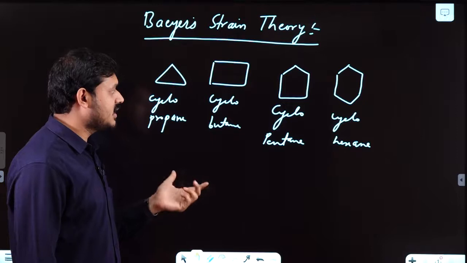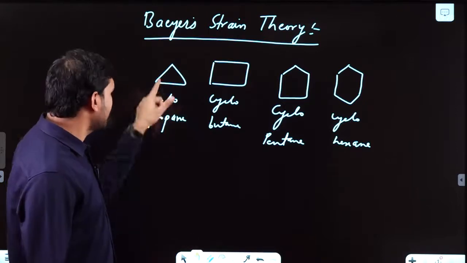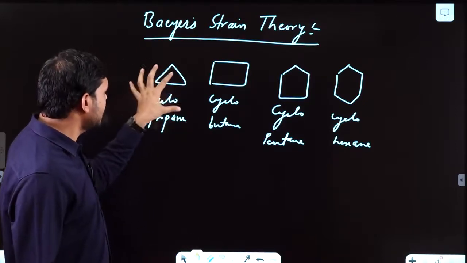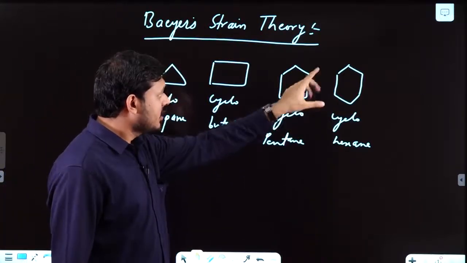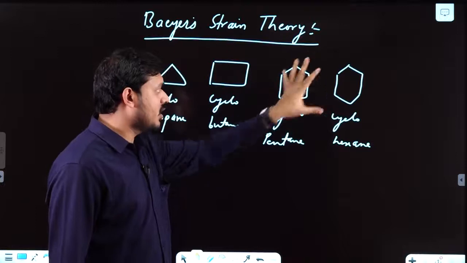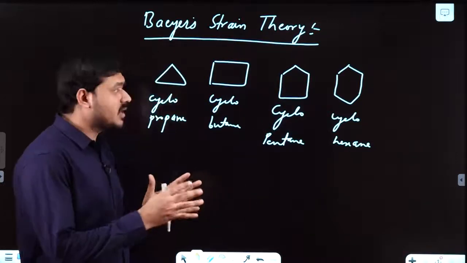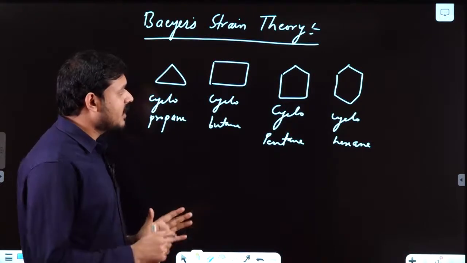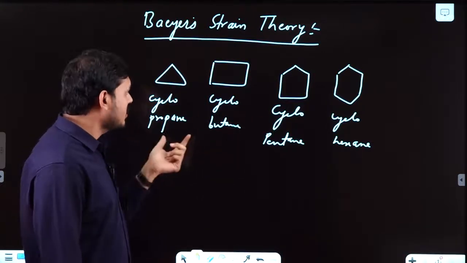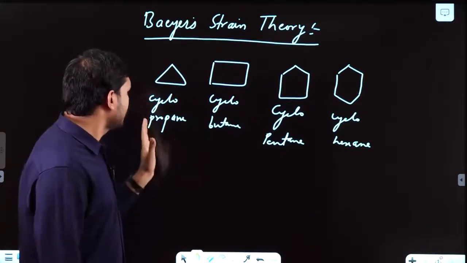When we say rigid structure, it means if I am saying cyclopropane, it is in the plane itself. If I am saying cyclohexane, all the atoms are in that plane only. So if I consider these structures as rigid, first of all, let's get the interior angles of these structures.